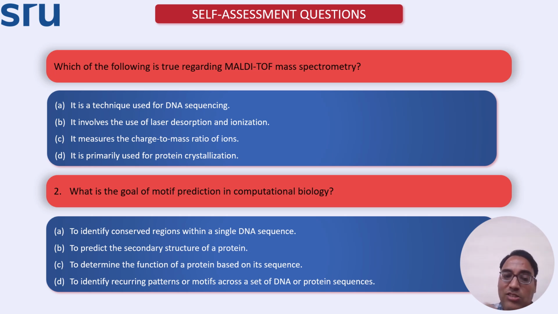To predict the conserved secondary structure of a protein. That is not the right answer. To determine the function of a protein based on its sequence. That is also not the right answer, because its objective is to find out the motifs. To identify recurring patterns or motifs across a set of DNA or protein sequences. Yes, this makes sense.